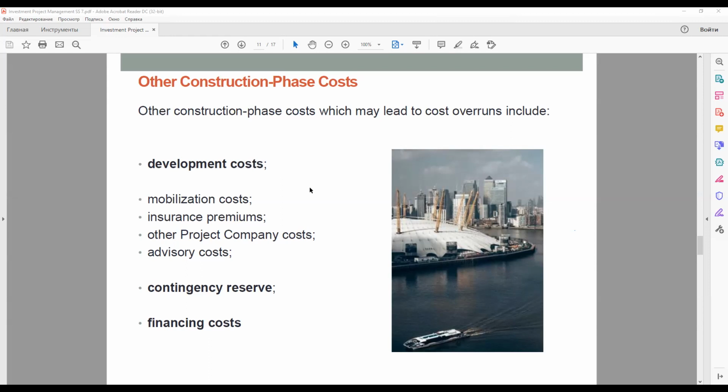As a rough rule of thumb, a contingency of around 10% of the construction costs or 7 to 8% of the total project costs may be needed. The contingency is also intended to cover the effect of delays in the project completion.